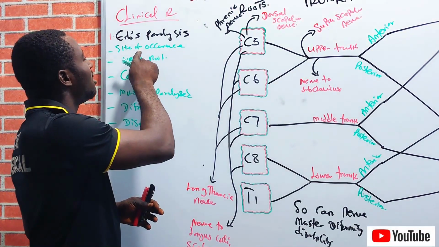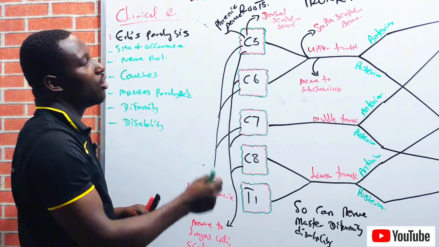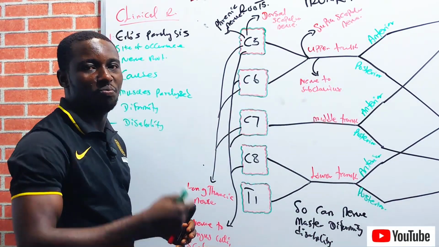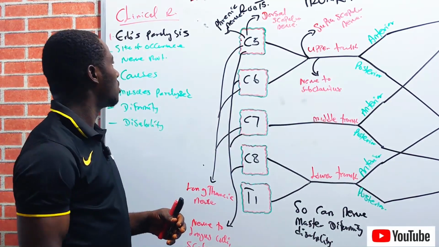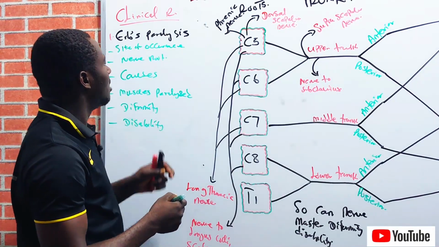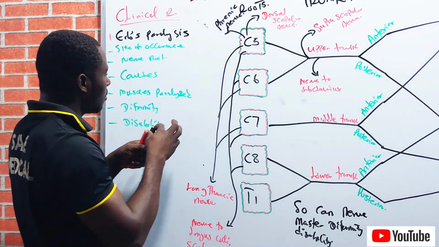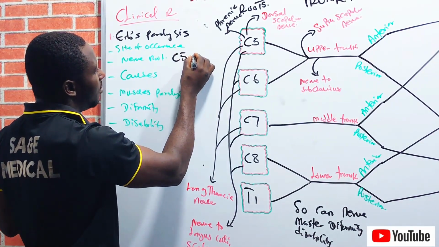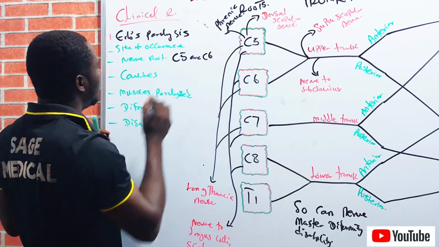Where does it occur? It occurs at the upper trunk of the brachial plexus. What are the nerve roots? The nerve roots of Erb's paralysis are C5 and C6.